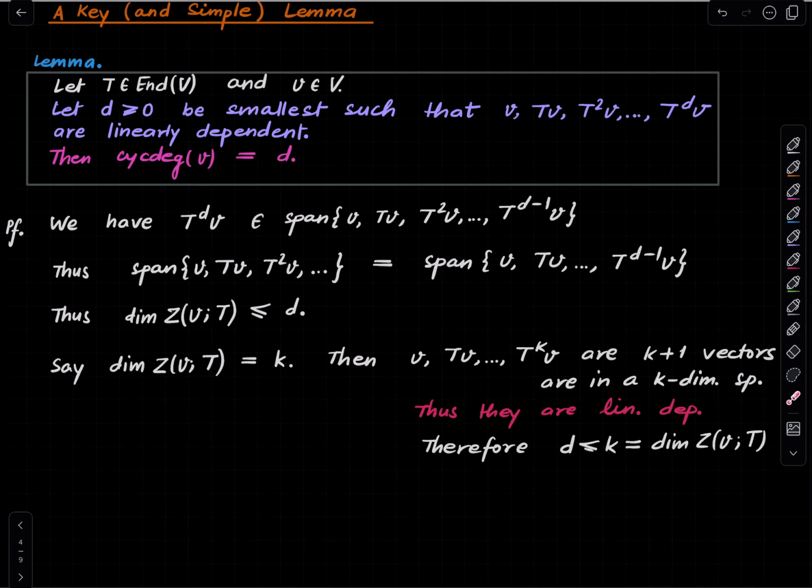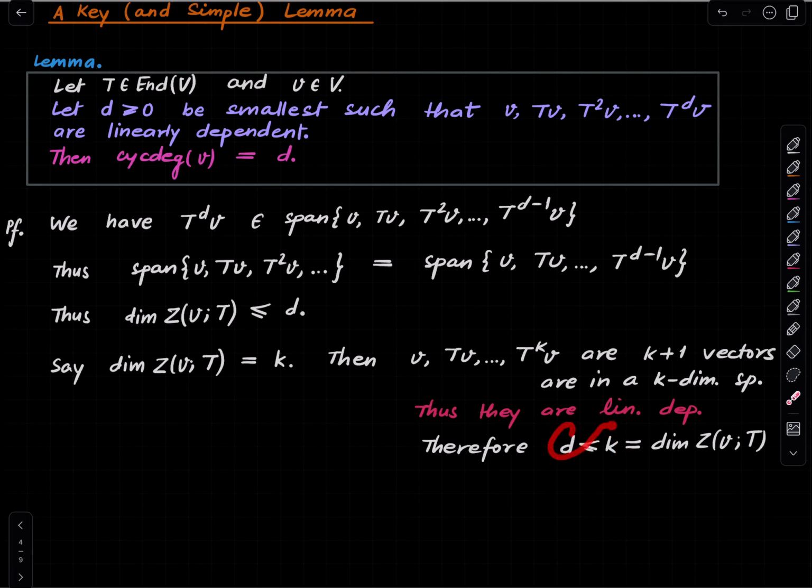So why does it imply that D is at most k? Because that's by definition of D. D was the smallest non-negative integer for which these were linearly dependent, and k is one such non-negative integer, and hence by the minimality of D, we have this.